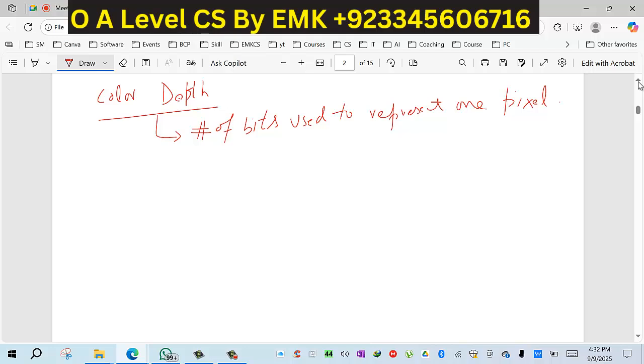So to represent one pixel, if we know the number of bits, it means we're talking about color depth. So color depth is the number of bits used to represent one pixel.